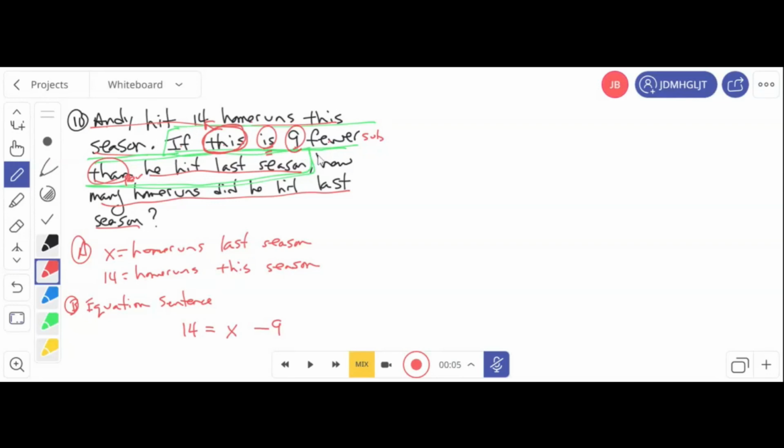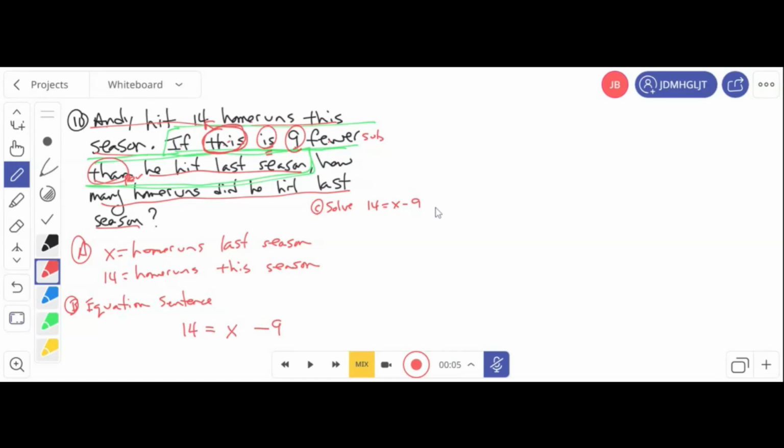So you've got to find that equation sentence, and then you have to translate. This is referring to what was mentioned before. Is equals 9 fewer than. Reverse word, 9 fewer means we're taking 9 away from what we hit last season. Step C is to solve. 14 equals X minus 9.